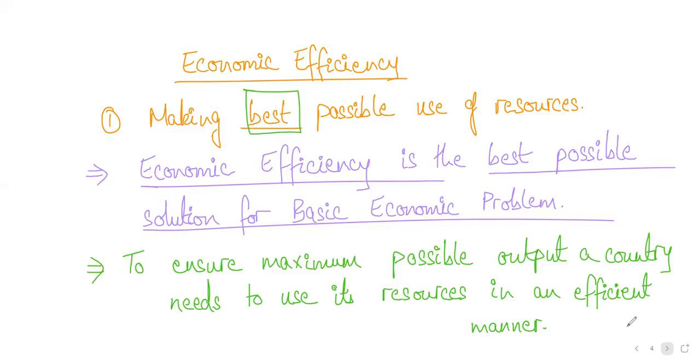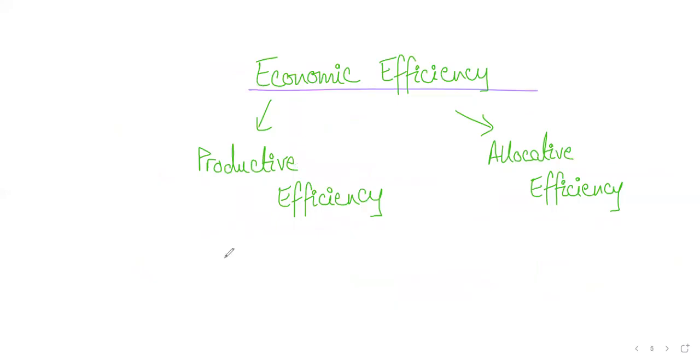So economic efficiency in simple words is important because there is a basic economic problem: resources are limited. Hence, to ensure maximum possible output, a country needs to use its resources in an efficient manner. After this, we said, how would we know if a country is achieving economic efficiency or not? We would know by looking at two components. If the country has productive efficiency and allocative efficiency, then it is said to be economically efficient.